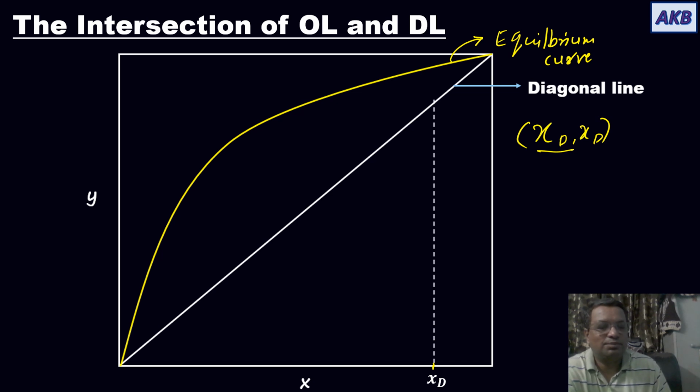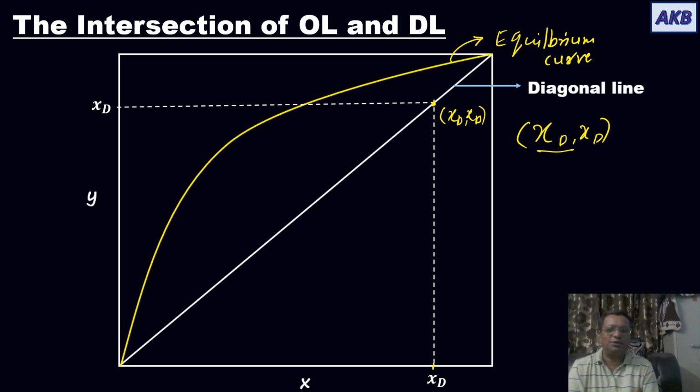So we locate xD on the x-axis, go to the diagonal line, and if you move from the diagonal line to the y-axis, this will also be equal to xD. So this point is the intersection point of the operating line and the diagonal line, and it has coordinates (xD, xD).